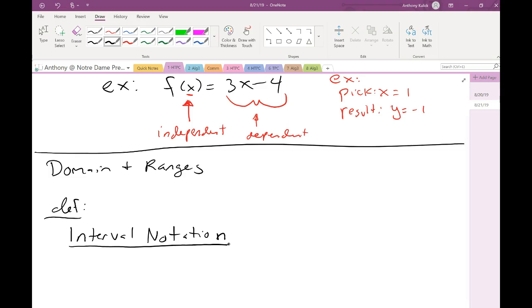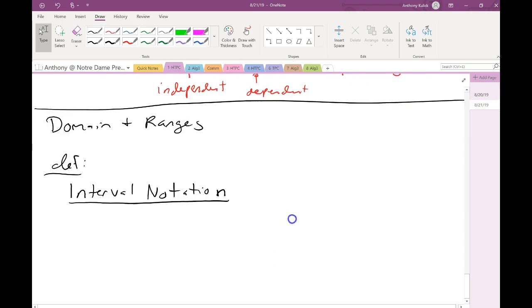An interval notation is just a way to describe an infinite set. So assume we have the set of x's where 3 is less than x less than or equal to 5.